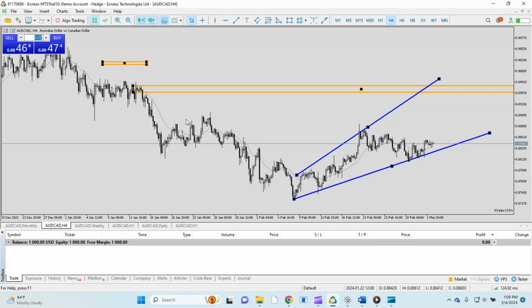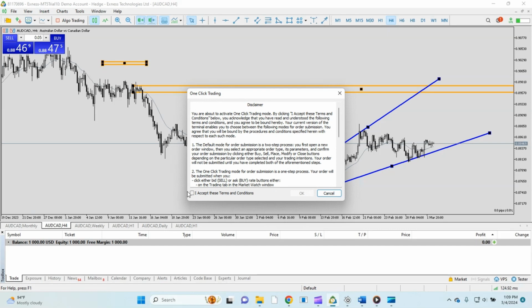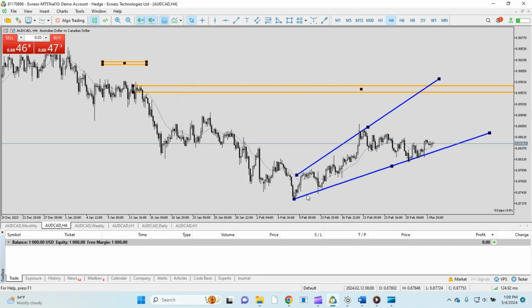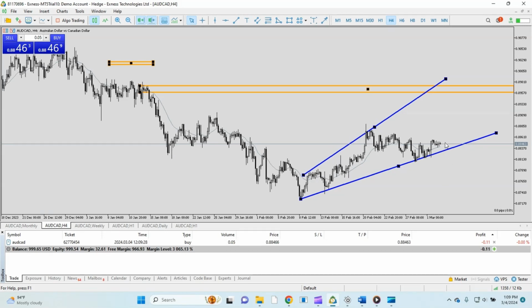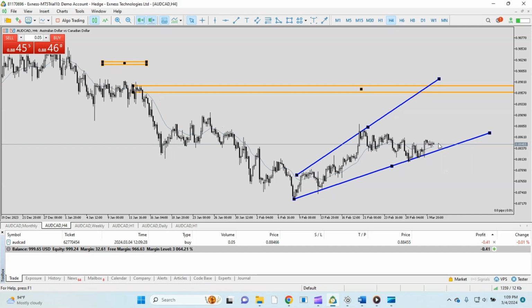So buy. Since this one is not a prop firm account, let's risk 2%. We are going to be risking 2%.